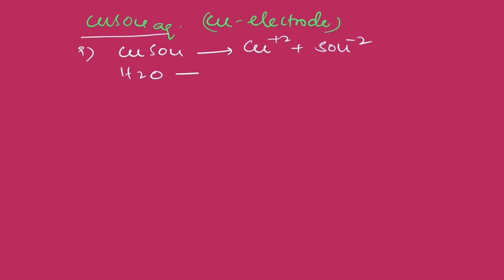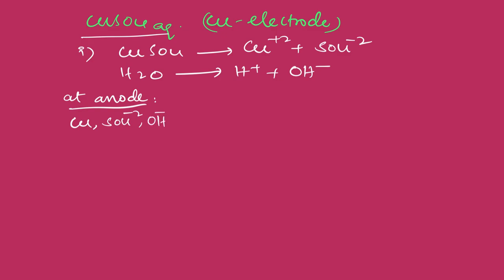Water ionized into H plus and OH minus. Now, at anode, which ion will be oxidized? Now copper is an active electrode, so copper also undergoes oxidation, though it is not positively charged. And now SO4 minus 2 and OH minus. Therefore, what will happen here?